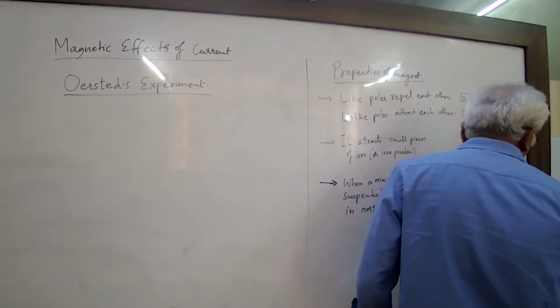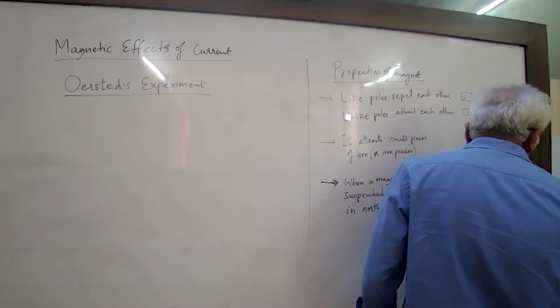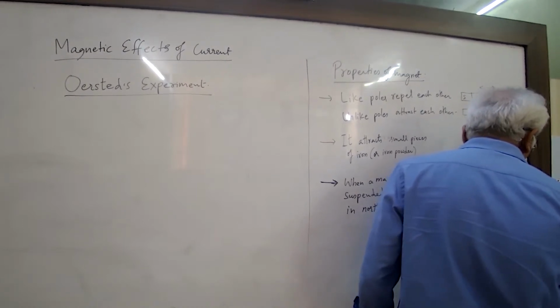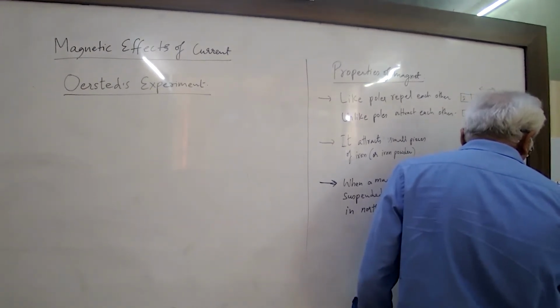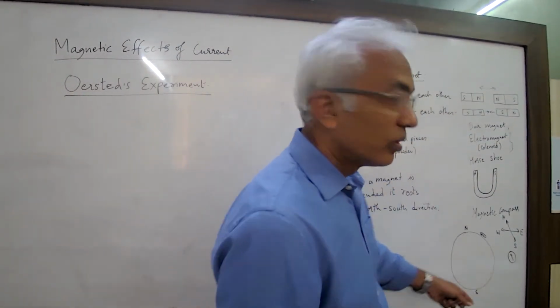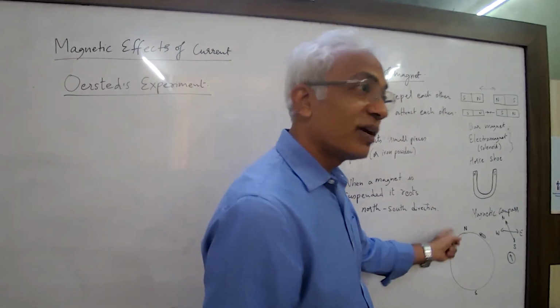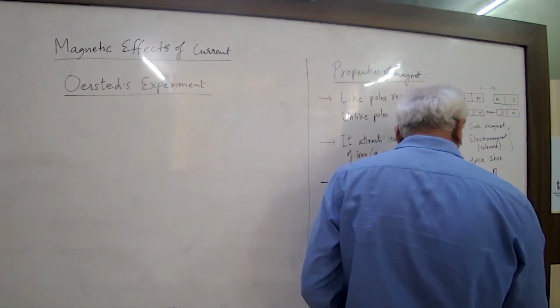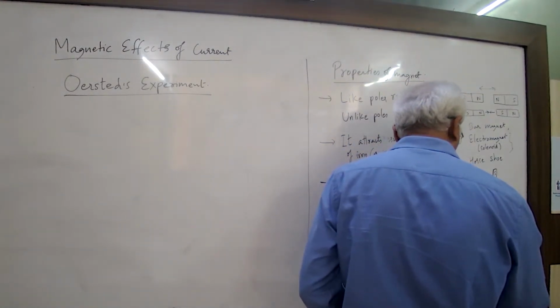Whenever you keep a magnetic compass anywhere on the surface of the Earth, it will point in the north direction. Sir, but north poles will repel each other, right? So it is geographic north, but it is magnetic south. That's what he meant. So Earth can be thought of as a giant bar magnet.